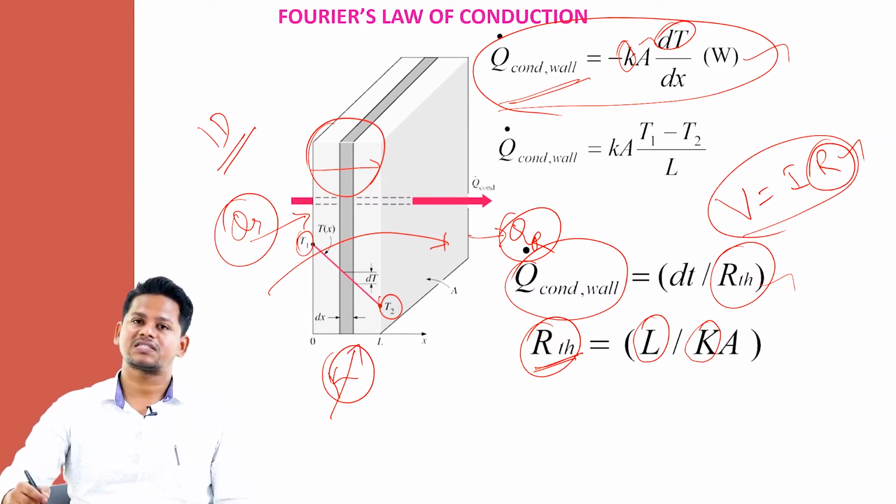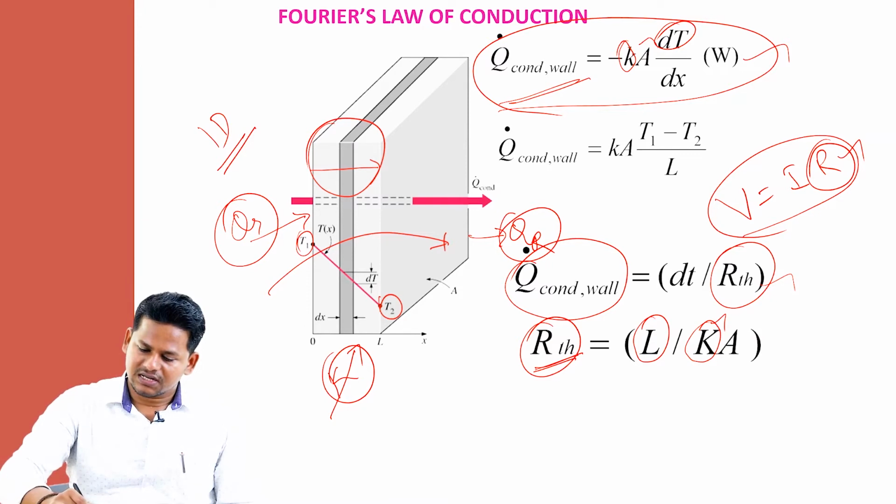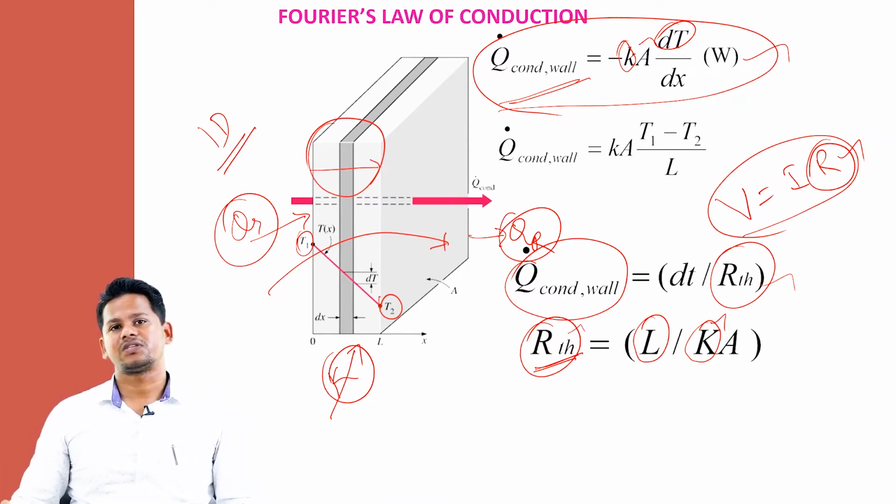So the heat transfer rate is directly proportional to the thermal conductivity, and your thermal resistance is inversely proportional to this thermal conductivity.